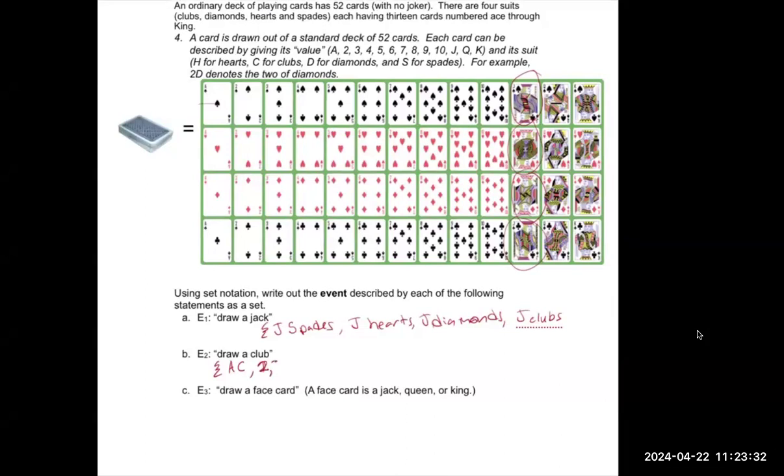So it's a 2 of clubs, a 3 of clubs, a 4 of clubs, and so on. Of course, there's not an 11. They call the 11 a jack. So jack of clubs, queen of clubs, and king of clubs. If I wanted to draw a club, I would want to pick one of those.